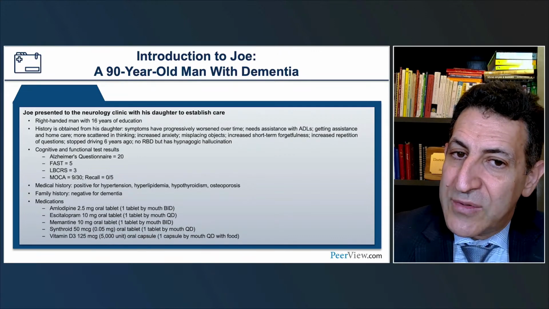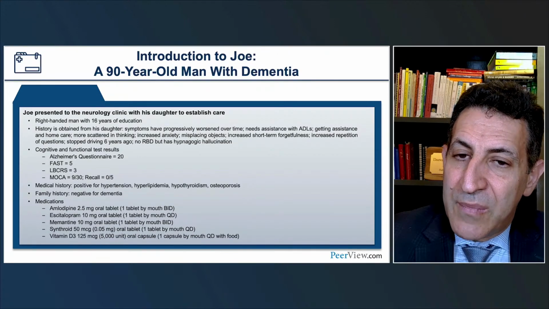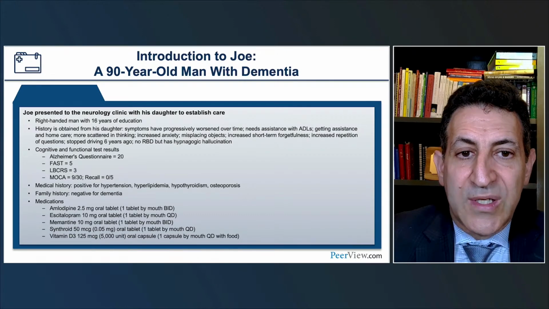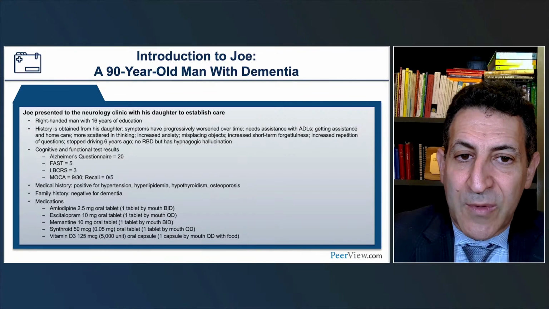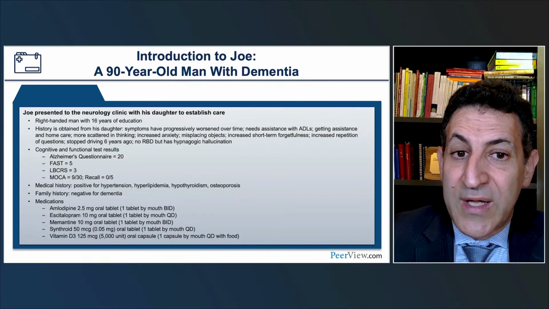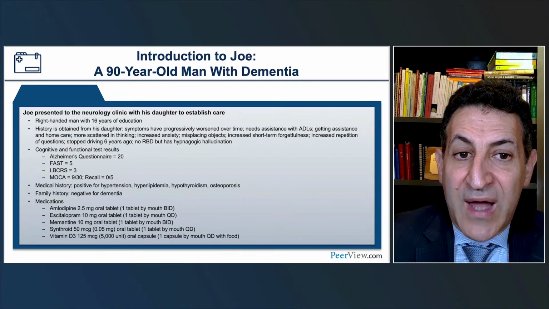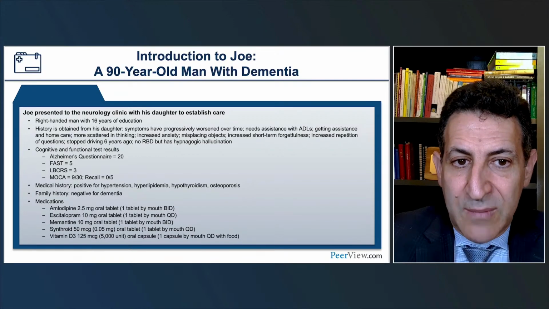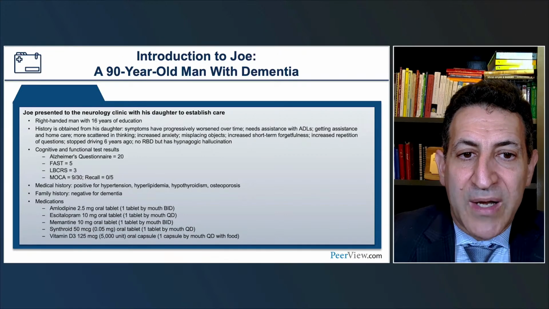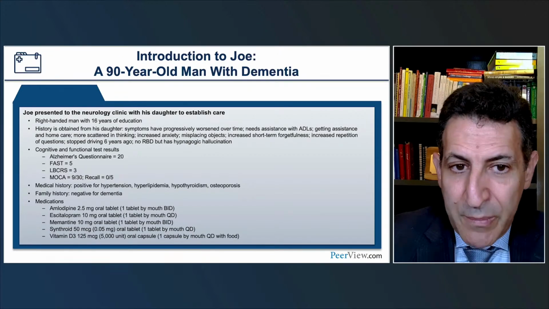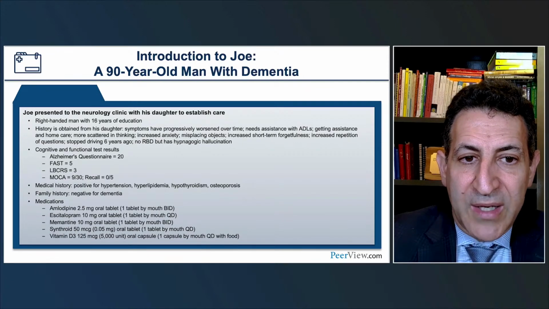He's not acting out dreams, but he is having hypnagogic hallucinations. In our clinic, we do something called the Alzheimer questionnaire, and 20 is quite elevated. The functional assessment staging is 5, which puts him in the moderately impaired range. Lewy body clinical rating scale is 3, which is low probability of Lewy body dementia.